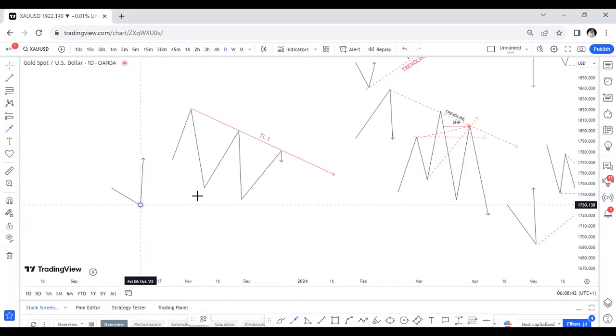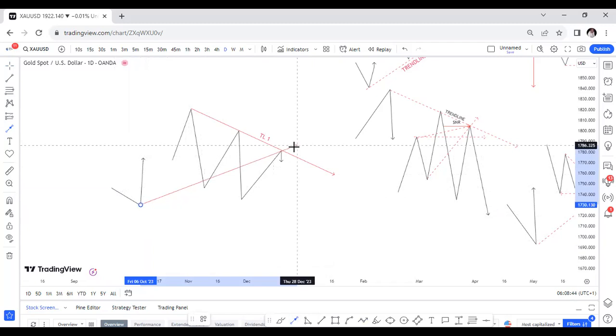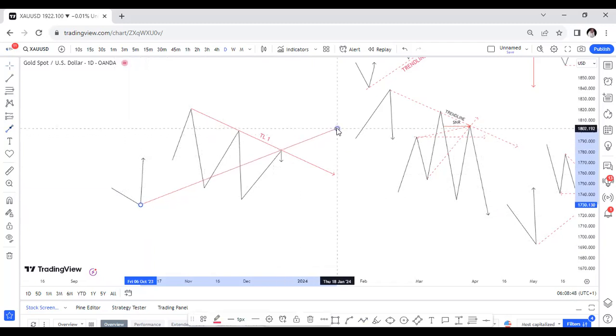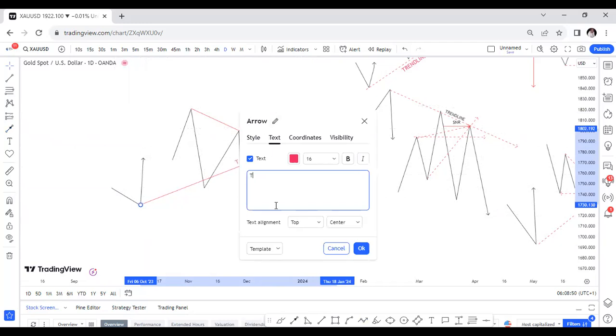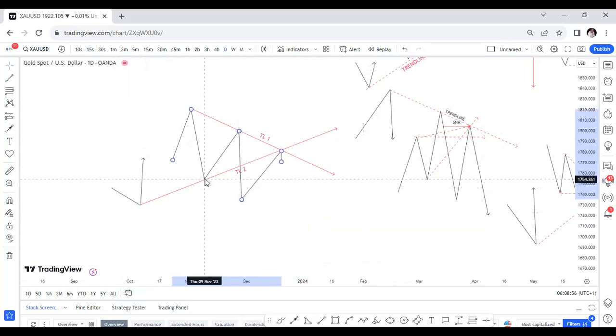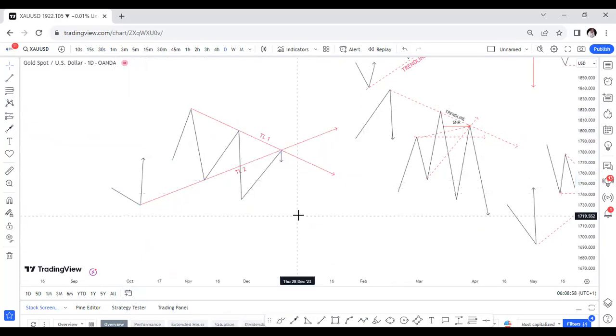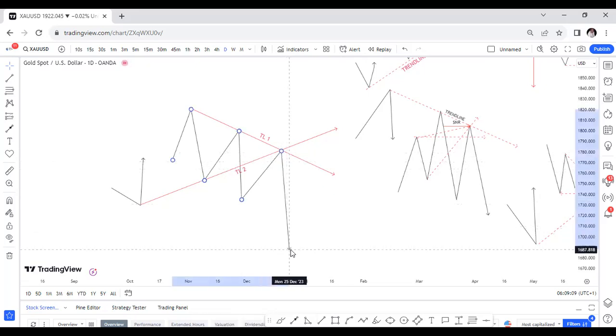I will connect this. This is another SNR. Then that crosses. This is TL2, trend line 2. So if I have that, it gives me a point of interest here, a high point of value that the price will drop.